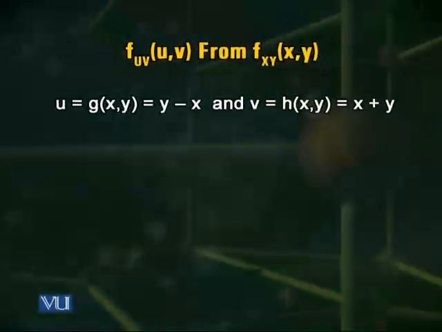So the first example is where u is equal to y minus x and v is equal to x plus y. So these are g and h. So g of x comma y is y minus x, which gives us u, and h of x comma y is x plus y, which gives us v.